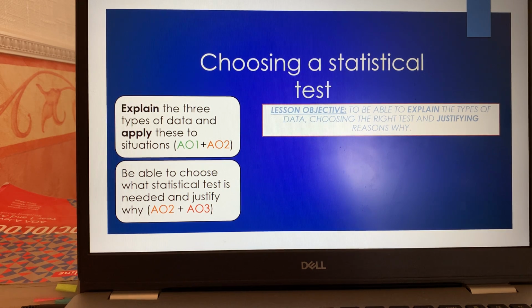So 2-3 years ago when the spec was different, you didn't have to do this. So this is something quite new that they've introduced, because it does set you up when you go to uni that you are going to have to look at statistics if you study psychology or geography or sociology. It is something that is quite key in those areas.